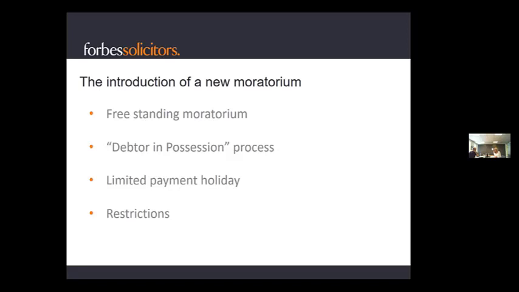But one amendment that was accepted was to remove the priority of the accelerated debt if the company enters into liquidation or administration within 12 weeks following the end of the moratorium, therefore removing that right for them to have a fixed charge like security.